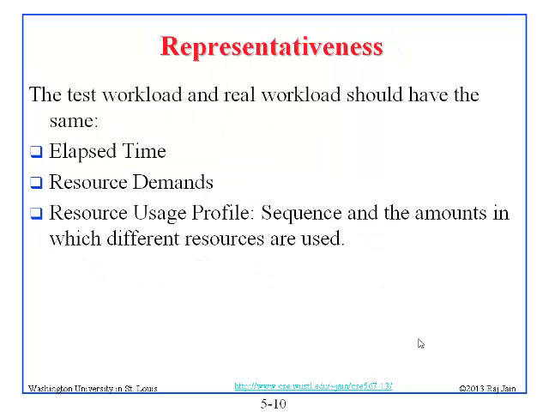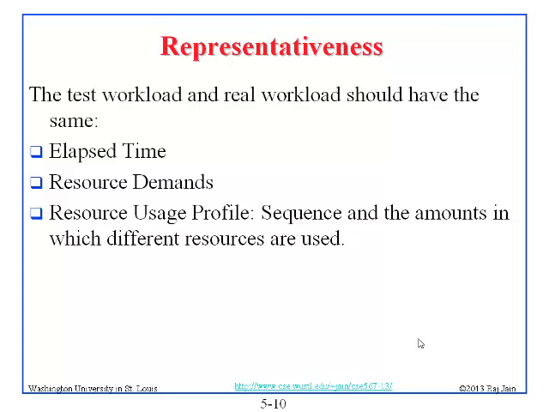All right. So next thing is representativeness. The test workload and real workload should have the same elapsed time, resource demands, and resource usage profile.